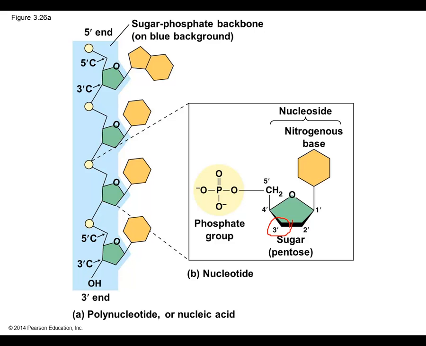So here's the 5' carbon, here's the phosphate group. So you're joining adjacent phosphate and hydroxyl groups. And this makes up the sugar-phosphate backbone of the DNA or RNA molecule.